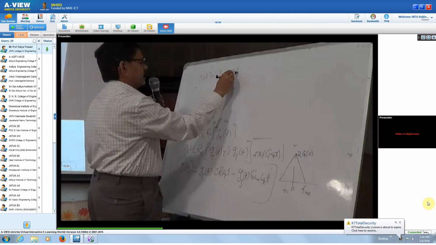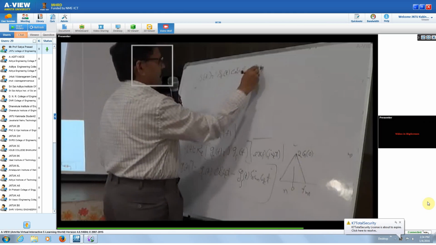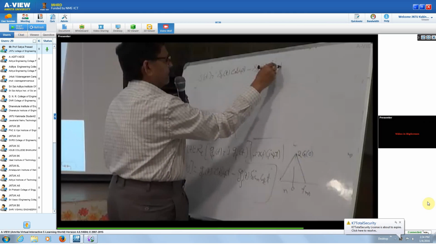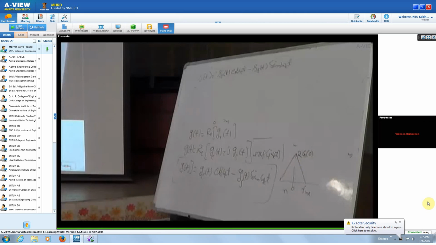Sc of t cos omega ct minus Ss of t into sin omega ct. Okay? Because this is also a band pass signal.